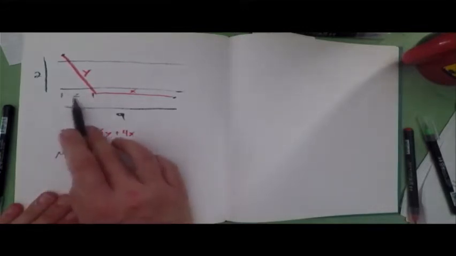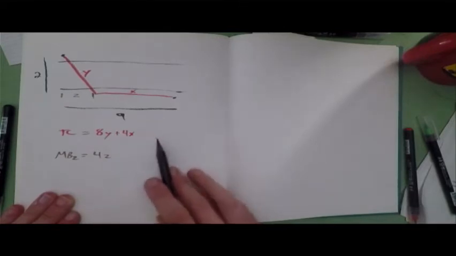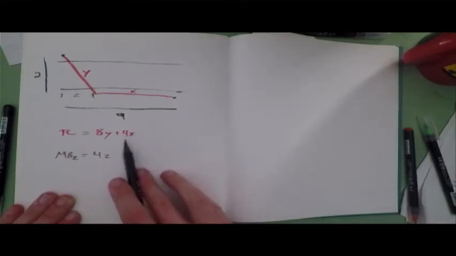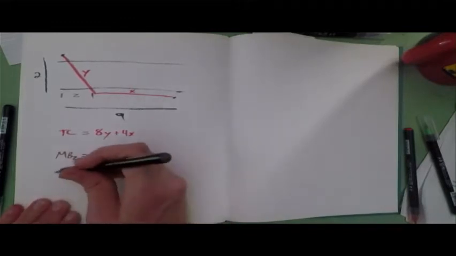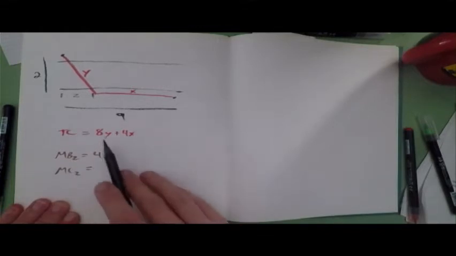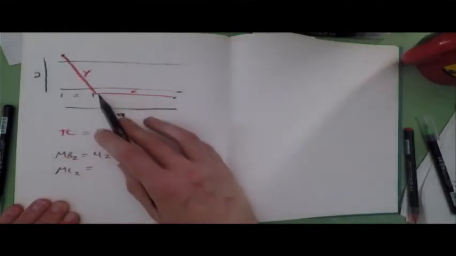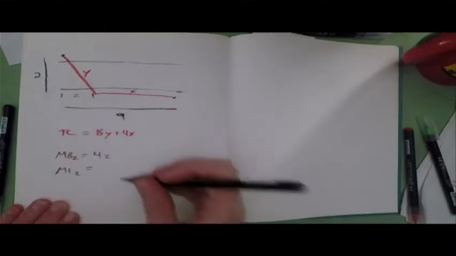If z is 9, so we go straight across, we're going to be spending $0 on the second part of our cost function, but we're going to face some marginal cost of z, which is going to be 8 times the difference in length of y as we increase z.